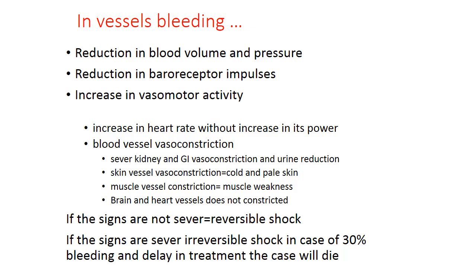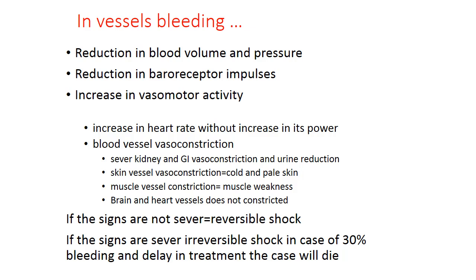Let's see what happens during bleeding in the body. During bleeding, blood volume and pressure go down. Baroreceptor impulses are deactivated, and vasomotor activity is activated more than normal. By these changes, heart rate increases without increasing the power of the heart or stretching the heart muscles.